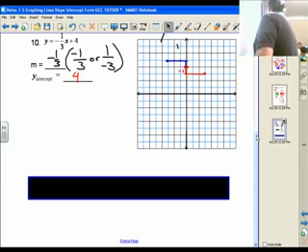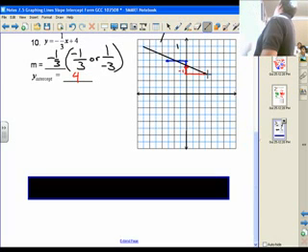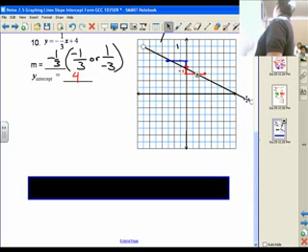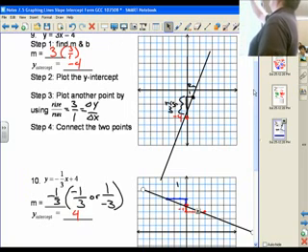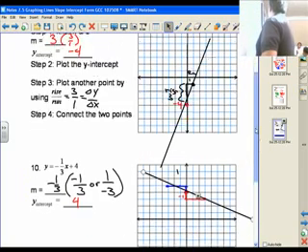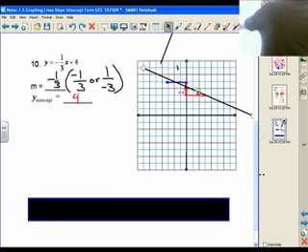But again, same idea, you still end up with the same line.